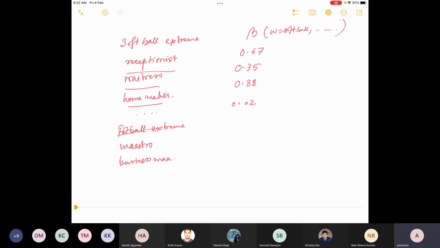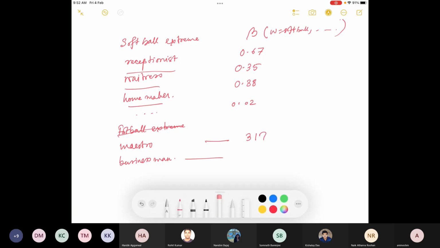For the football extreme, words like maestro and businessman are again pretty high.